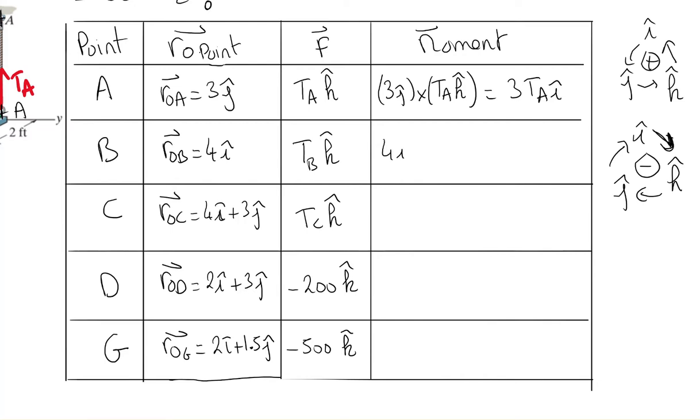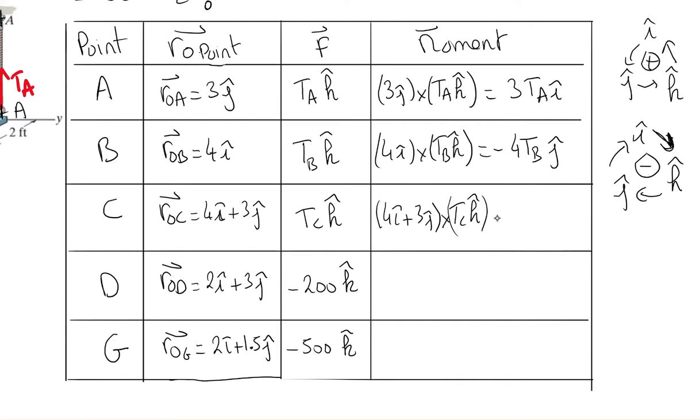Here we have 4 I hat cross TB K hat. I cross K is minus J, so minus 4 TB on J hat. This one, we have 4 I hat plus 3 J hat cross TC K hat.